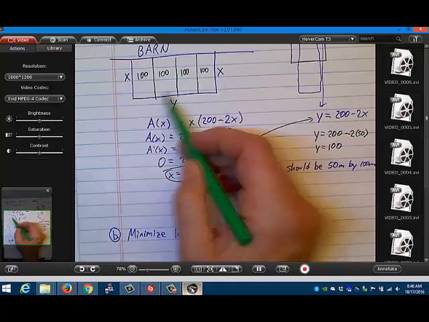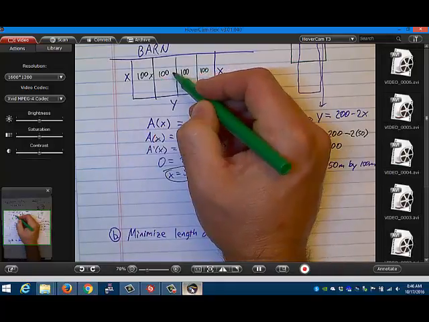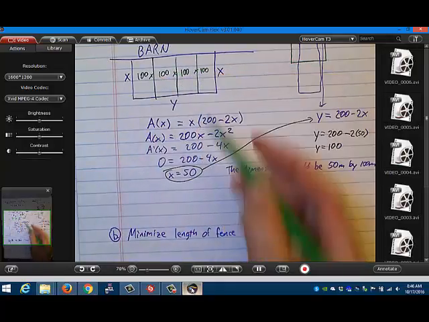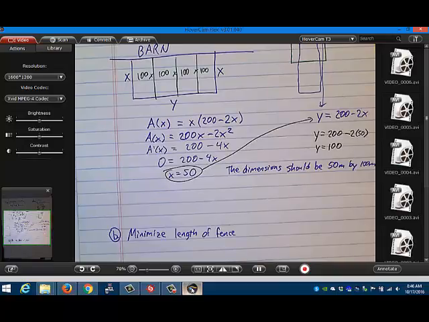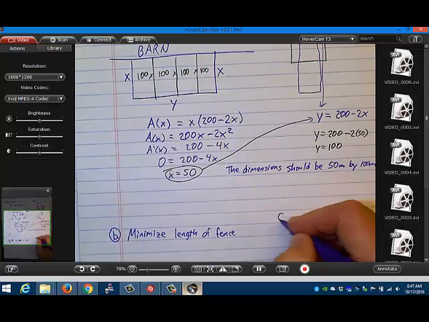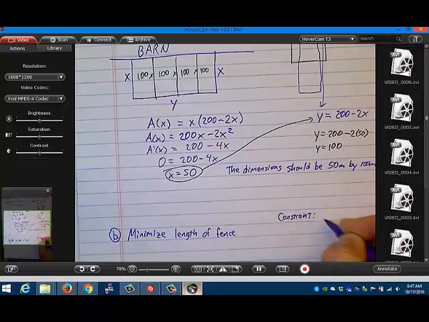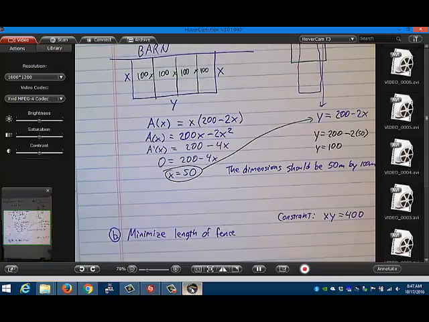But if I keep this as x and that as y, here's an x, here's an x, and here's an x, right? But I guess my constraint is really that I know what the area is. How would you write that as an equation, the constraint? I would say, since we know the area, xy has to equal 400, right? xy is equal to 400.